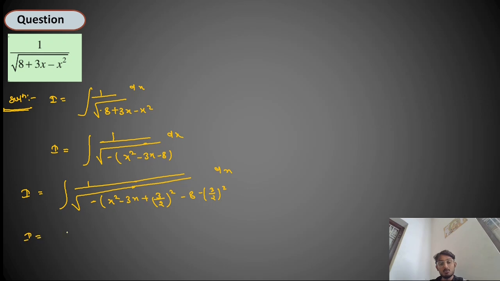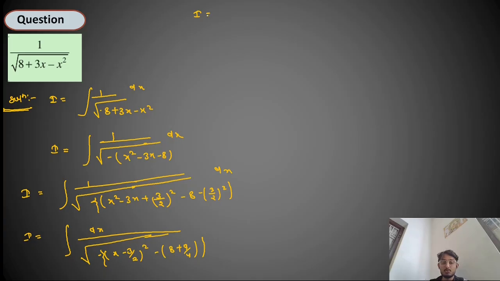I equal to dx upon root of minus, x minus 3 by 2 whole square, and here you will get minus 8 plus 9 by 4. The minus is a common term between all, so you can write it this way.